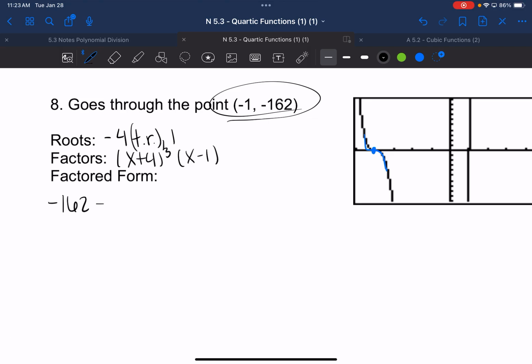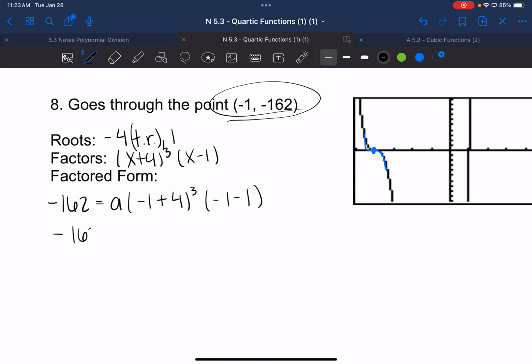Right. y is equal to our a value, and we replaced all the x's with, right, so we had -1 plus 4 cubed times -1 minus 1, right? Okay, so order of operations tells us to do what's inside the parentheses first, right?